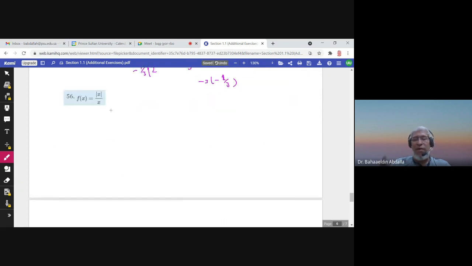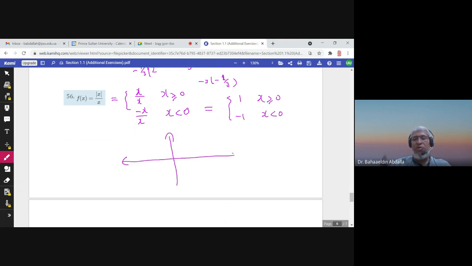Here I have again an absolute value. So either it is x over x, or it is negative x over x. It would be x over x if x is positive. It would be negative x over x if x is negative. So it would be 1 if x is positive, and negative 1 if x is negative.